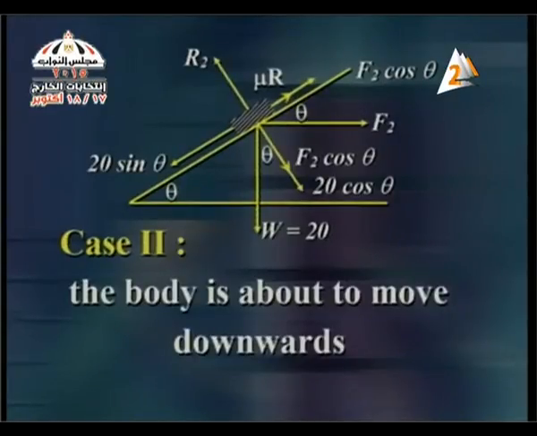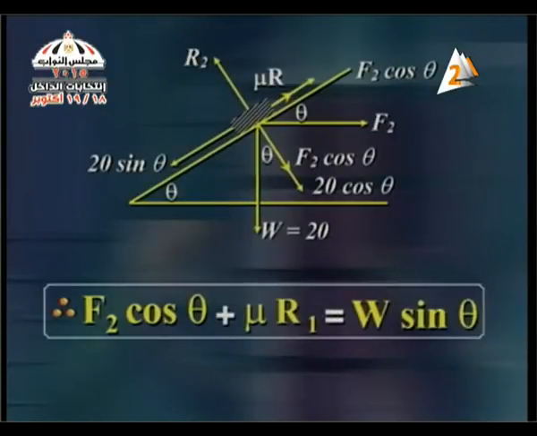In case number 2, the body is about to move downwards. Then F2 cosine theta plus mu R equals W sine theta.